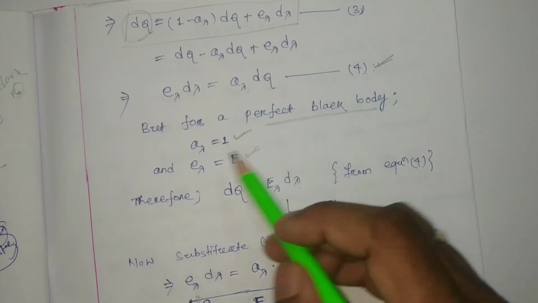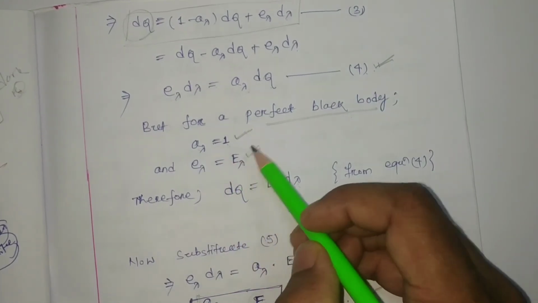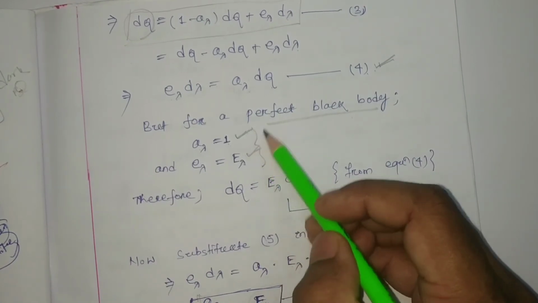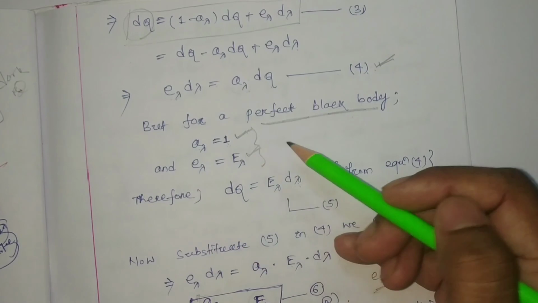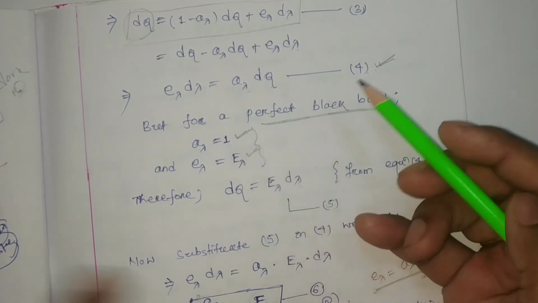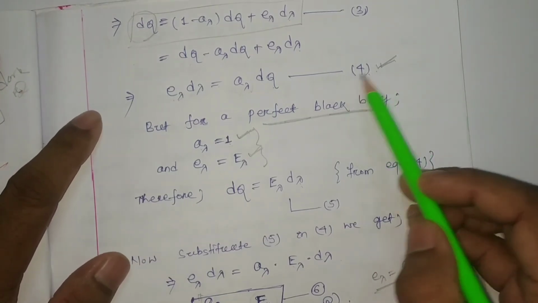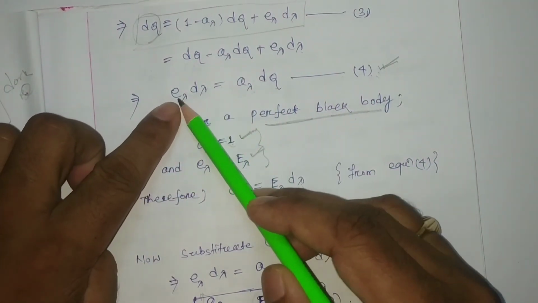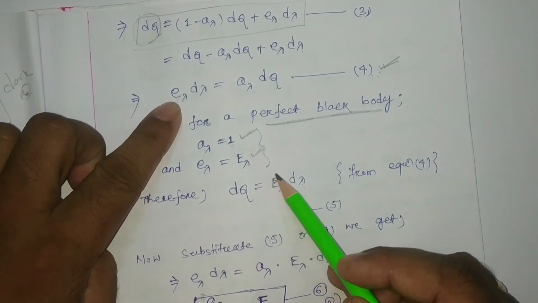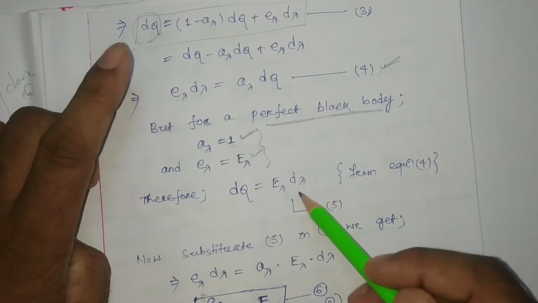So E lambda is written as capital E lambda because here we considered the perfect black body. Hence equation number 4 will be A lambda equal to 1 and e lambda substituted as capital E lambda, d lambda dq equal to E lambda d lambda. That is equation number 5.